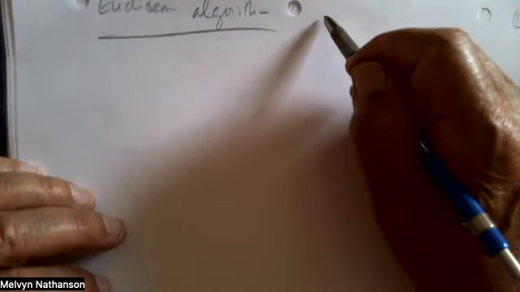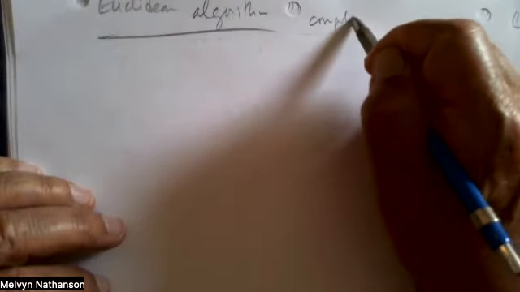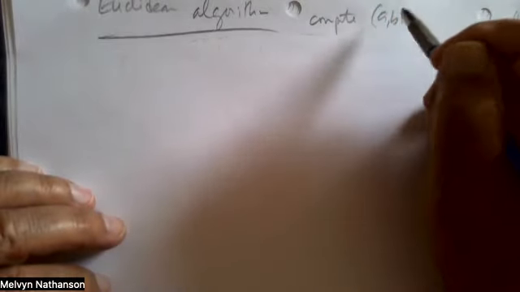So I have my integers a and b, and I'm going to do long division. So I want to compute the greatest common divisor of a and b.